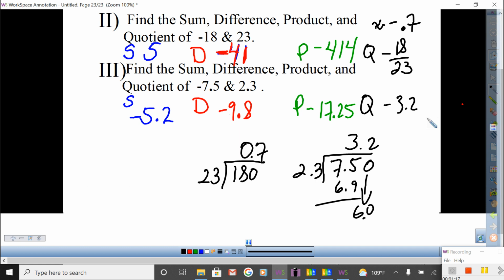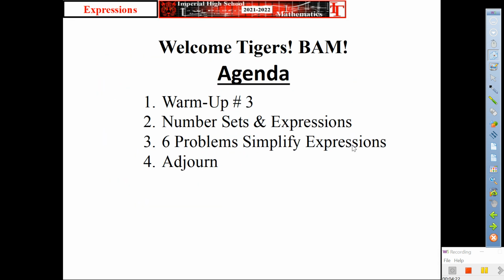Warm-up. Second thing, you need to copy the agenda right underneath your warm-up. So here's the agenda for today. Agenda for today, warm-up number 3. We just finished. The session is still on number sets and expressions. Today we're going to finish that. And for tonight, your homework is 6 problems on simplifying expressions. And at the end, we just adjourn.